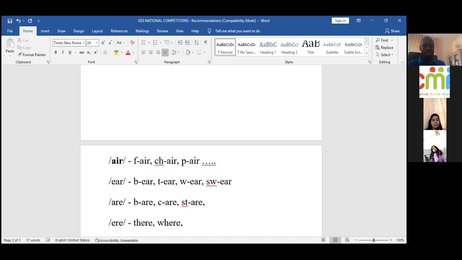So my main emphasis is for you to understand that one sound can have different spellings. At first we learned the sound air, which is written as AIR, but the same sound has different spellings. Therefore, what matters is how you introduce them to the children.